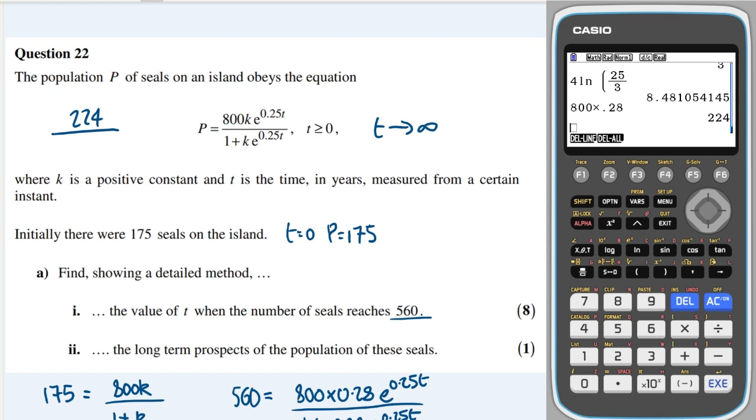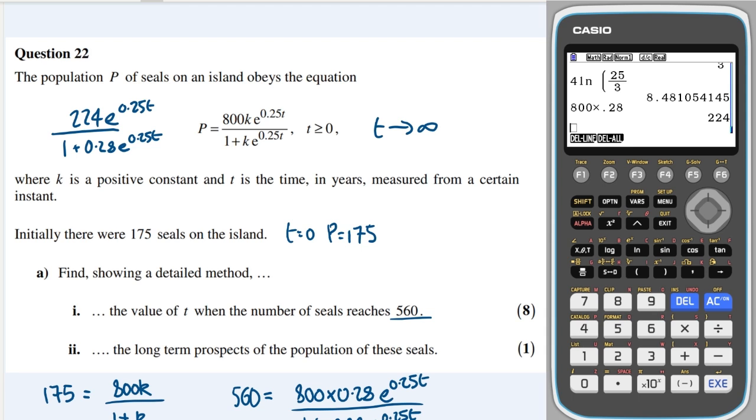And on the bottom we had just 0.28, and then this is e to the 0.25t, 0.25t, and that was plus 1.